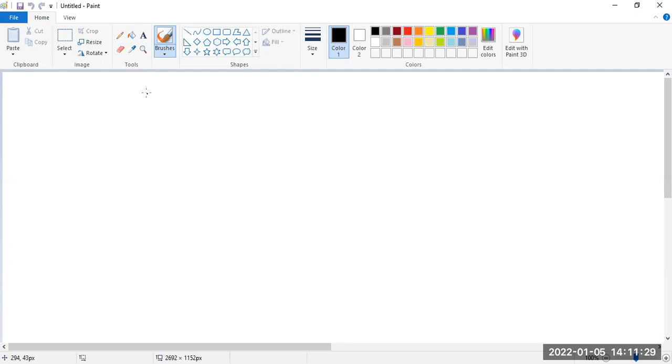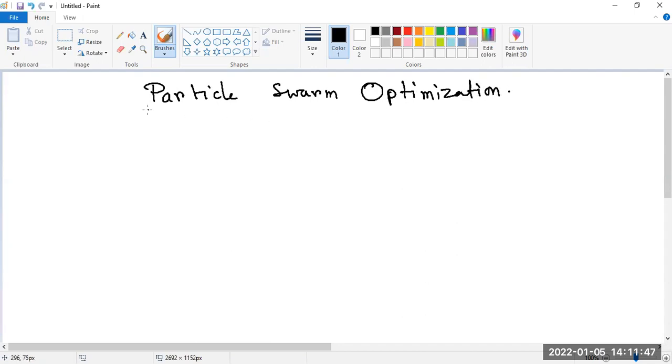So, first of all, we have to write. This is particle swarm optimization, or you can say swarm optimization.